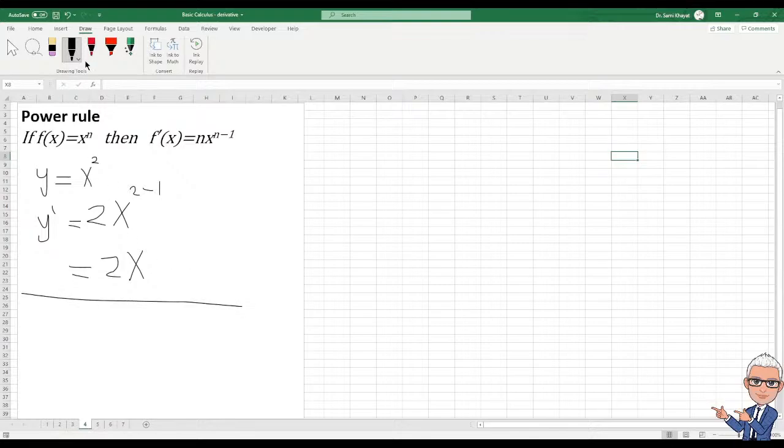Let's get the other one, plus 16y equals to x. Okay, y equals to x.